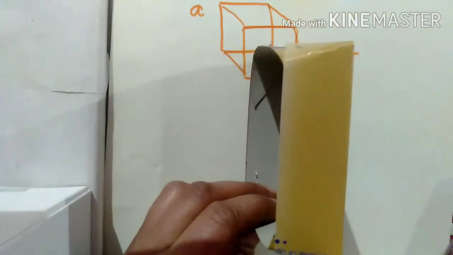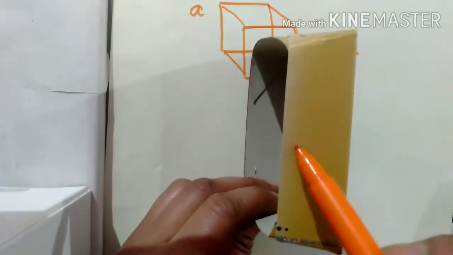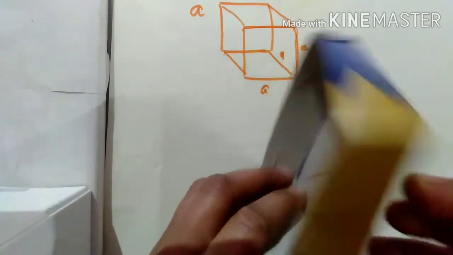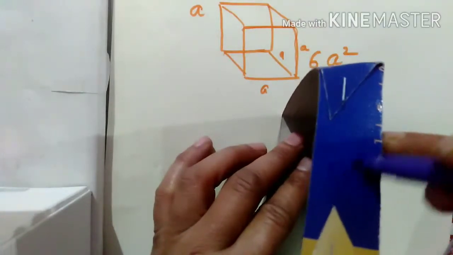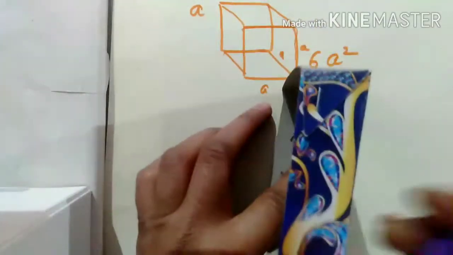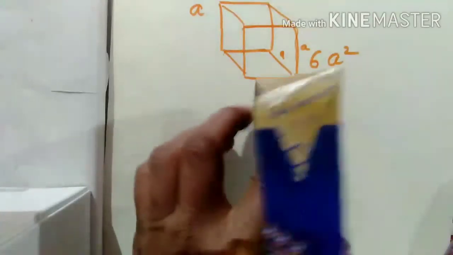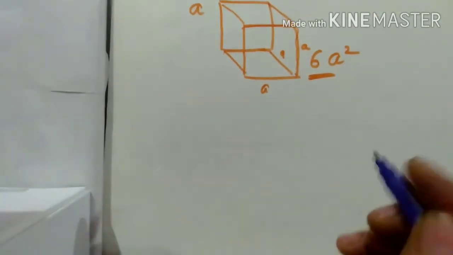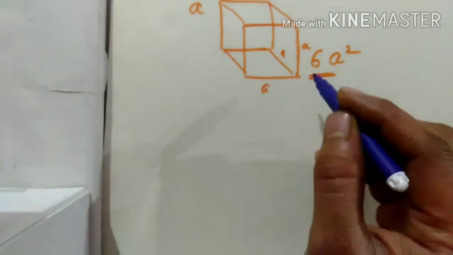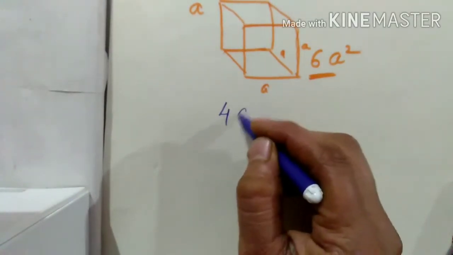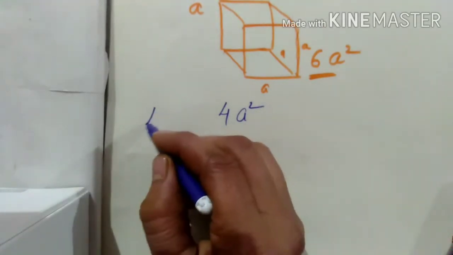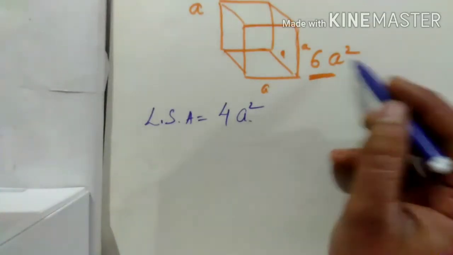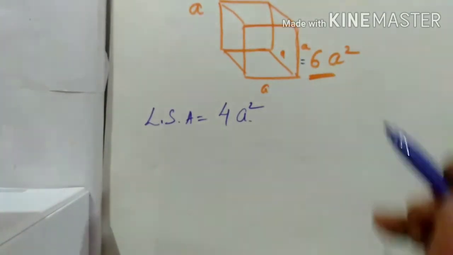Now we can have this side as the first, this side as the second, this side as the third, and this side as the fourth. If these are square in shape, then the four walls have the area 4a square. So this is the lateral surface area given by 4a square, and the total surface area is given by 6a square for a cube.